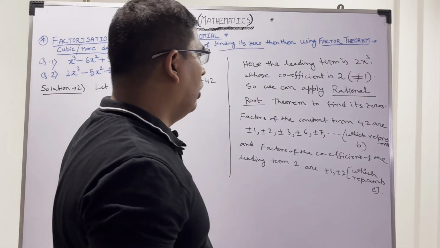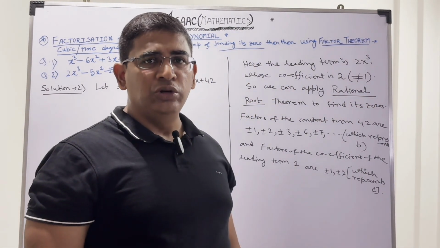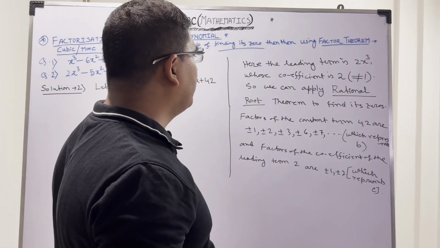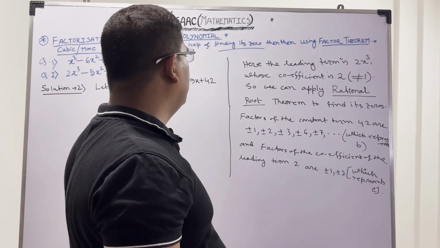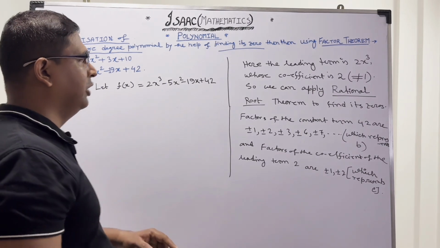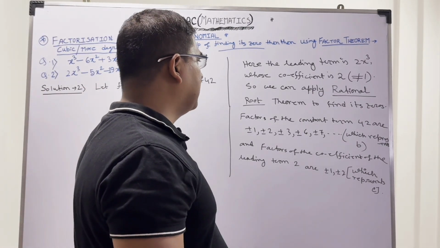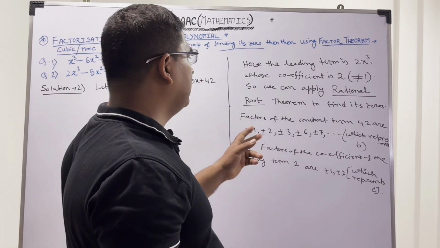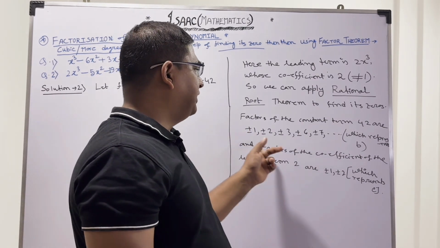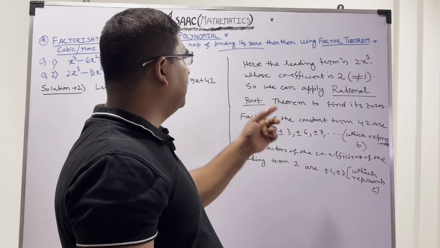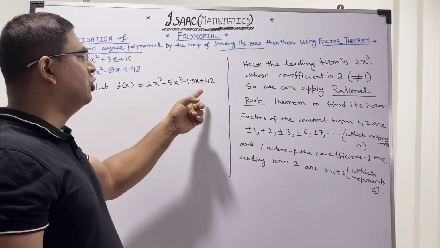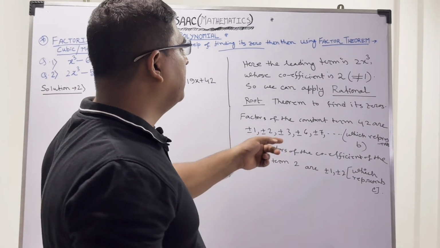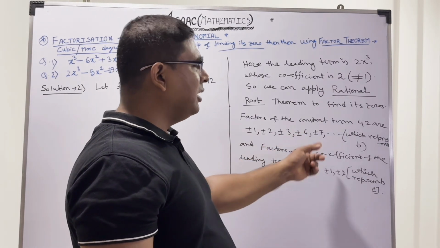Okay, so already we know the rational root theorem. By the rational root theorem, we have to find the zero of this polynomial f of x. So first of all we find the factors of the constant term, and here the constant term is 42, whose factors are plus minus 1, plus minus 2, plus minus 3, plus minus 6, plus minus 7, continuing.